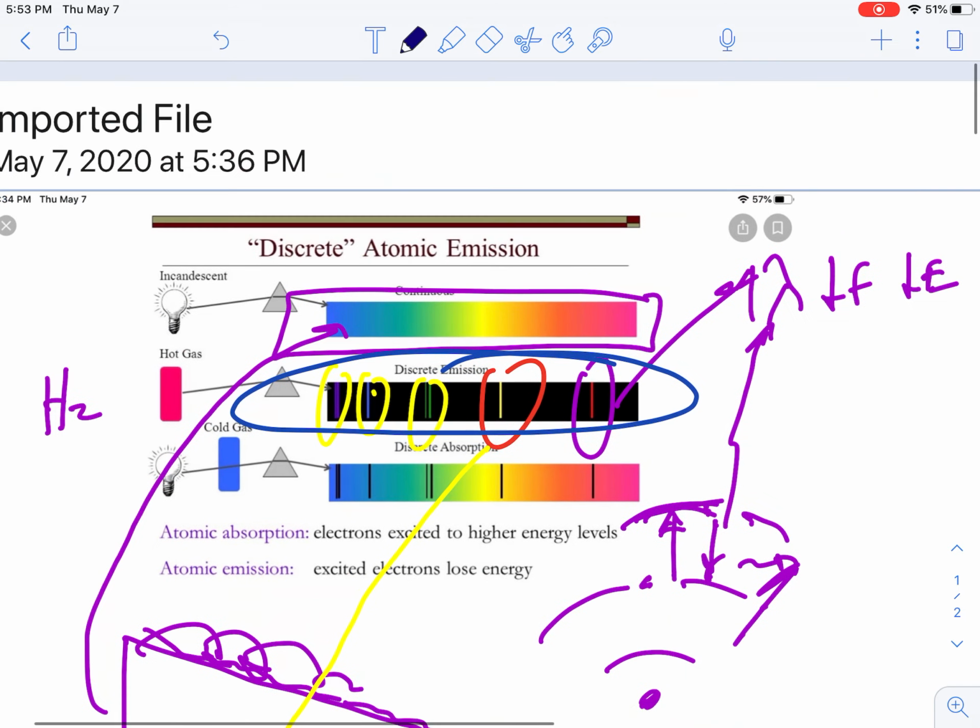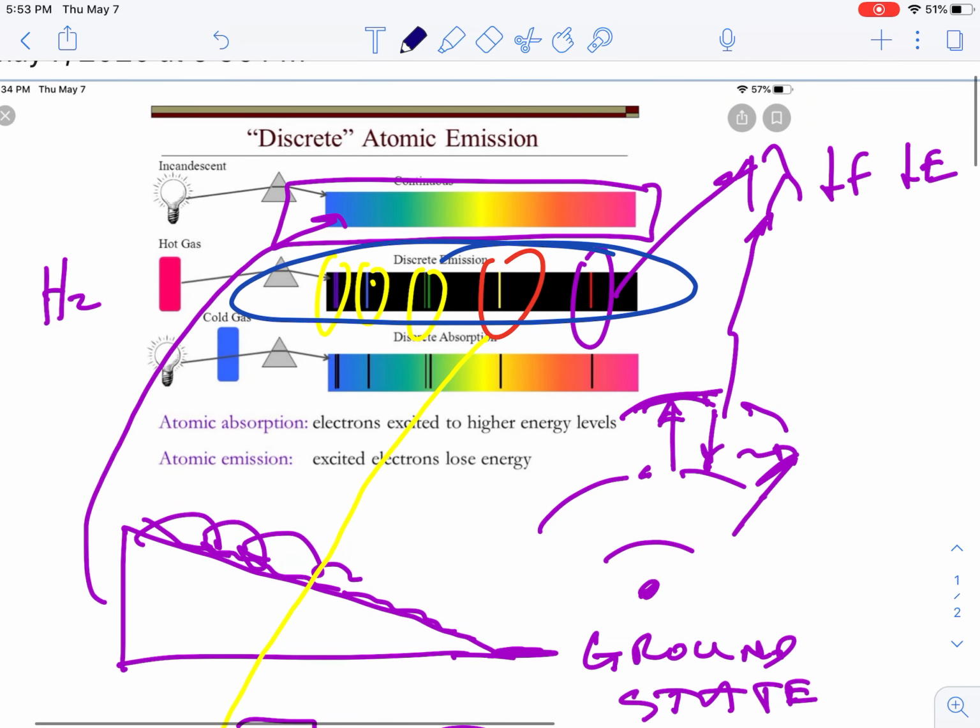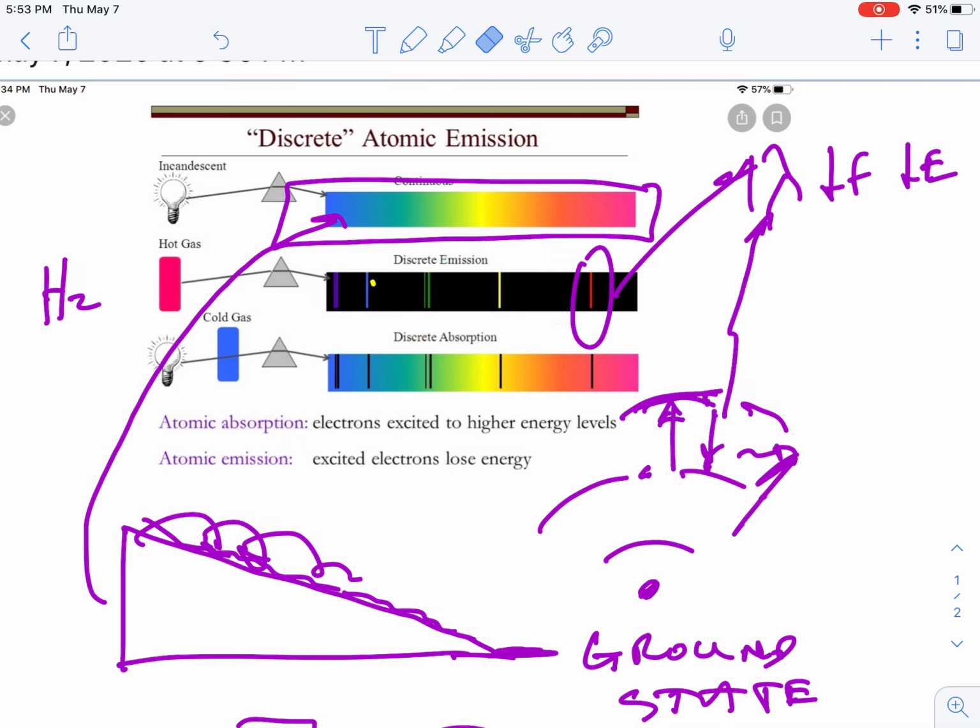Now, in terms of an absorption spectrum, I'm going to erase some of this so we can see it. What happens in an absorption spectrum is kind of like a negative of the emission spectrum. You shine a continuous beam of light onto a cold gas.